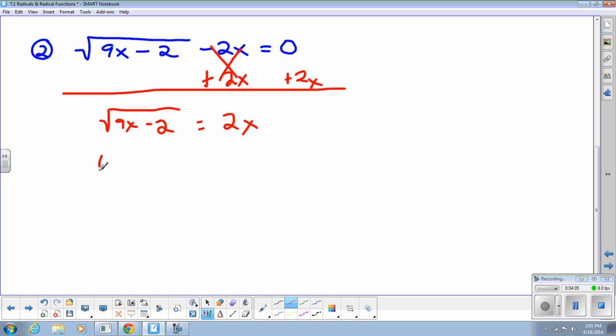So I'm going to say, parentheses, the square root of 9x minus 2, parentheses, squared. I'm squaring the left side of the equation, equals, parentheses, 2x, parentheses, and then squared.